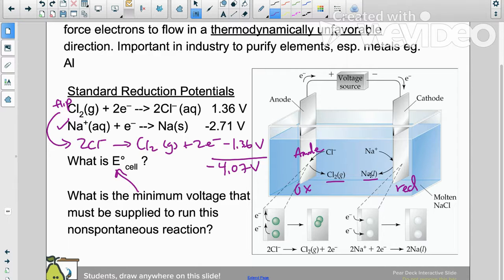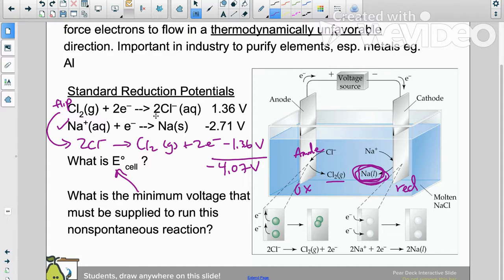If we want to get sodium metal to make a battery, it's a powerful reducing agent. So if we want that pure metal, we're going to have to drive those ions to forming those pure elements, through the use of electrolysis, through the use of electricity to drive those electrons in a direction that they would normally not want to go, right?